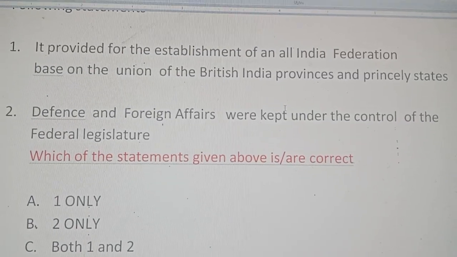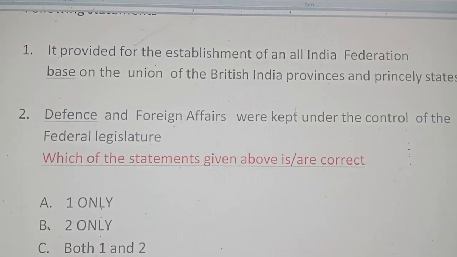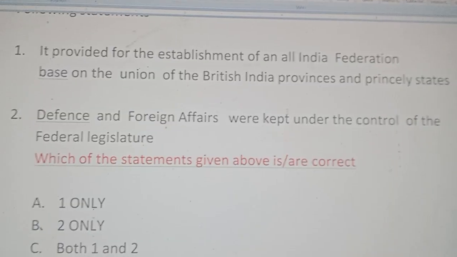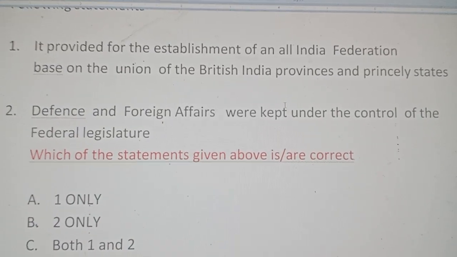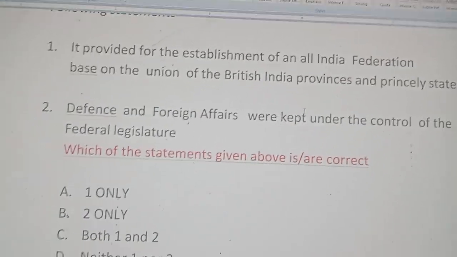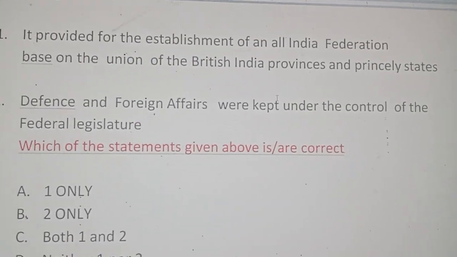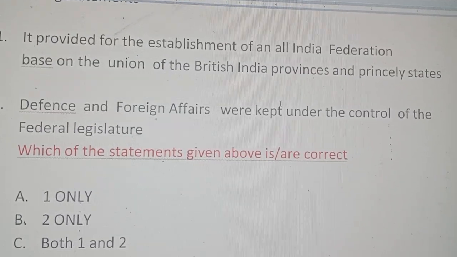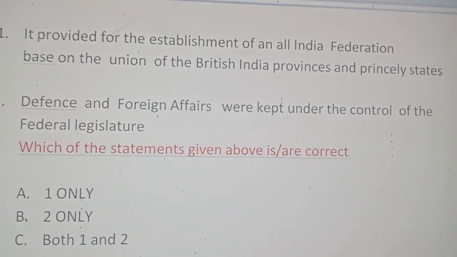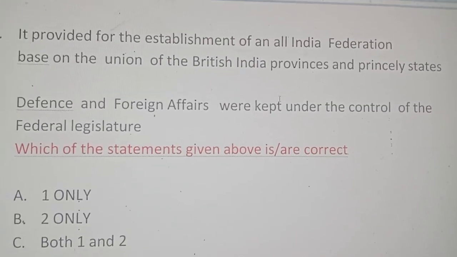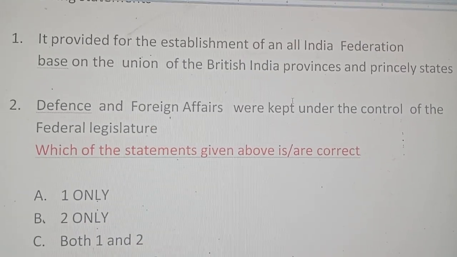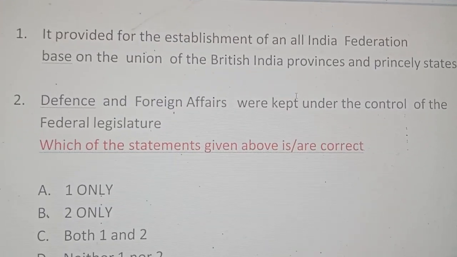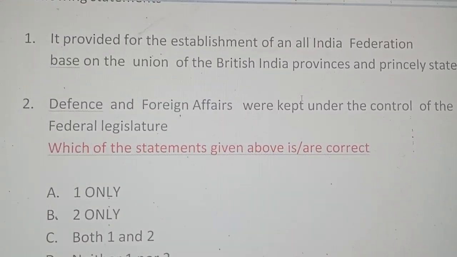Defense and foreign affairs are the most important departments, like international relations departments, and they were kept under the control of the federal legislature under the Government of India Act 1935. So both one and two are correct. It provided for the establishment of an All India Federation based on the union of British India provinces and princely states, consisting of British India provinces and the princely states.